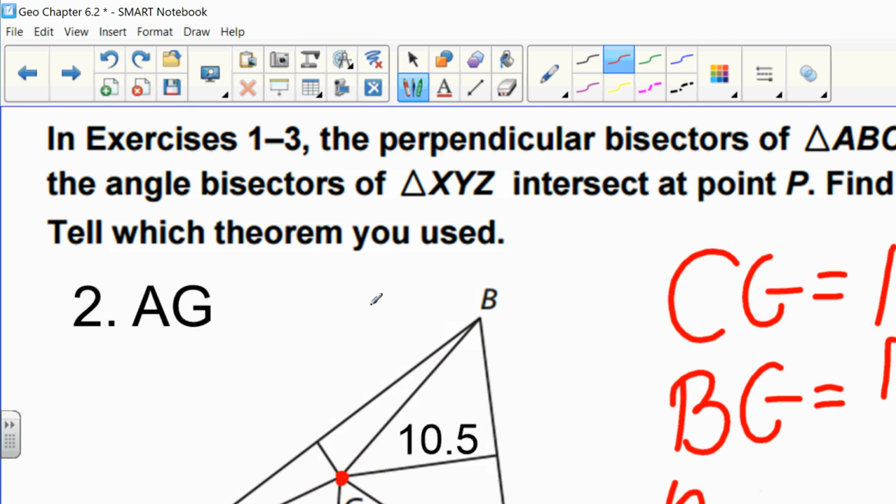And AG, it's just this length here. We can't really say anything because it's a circumcenter. It doesn't give us any information. Now this line segment and this line segment don't have any relation when it's a circumcenter. But they will come into play later.